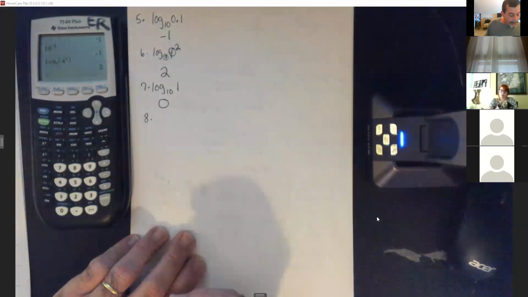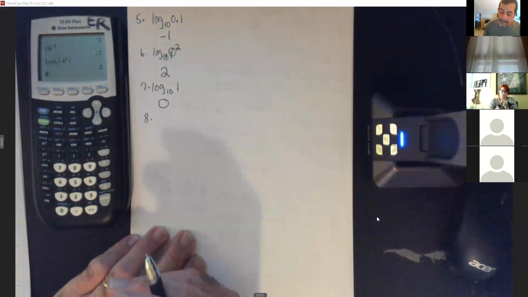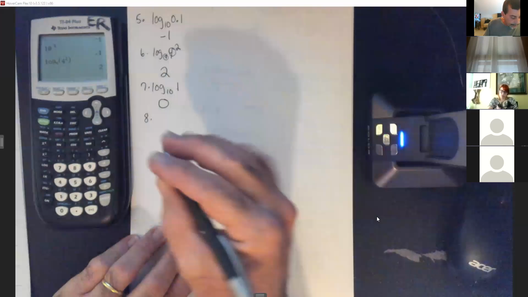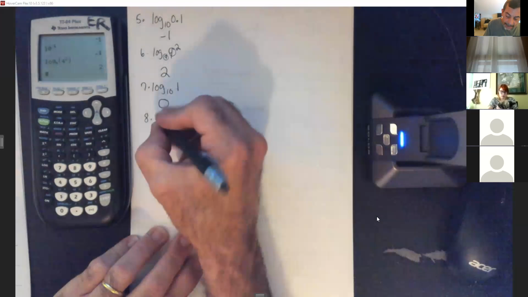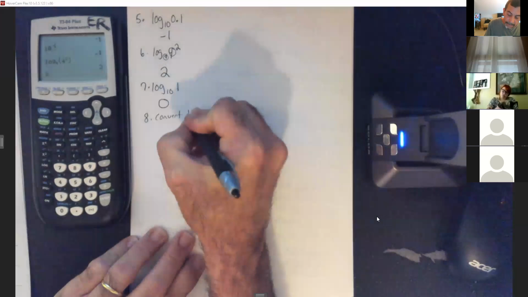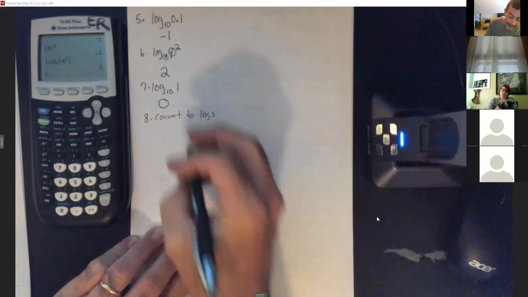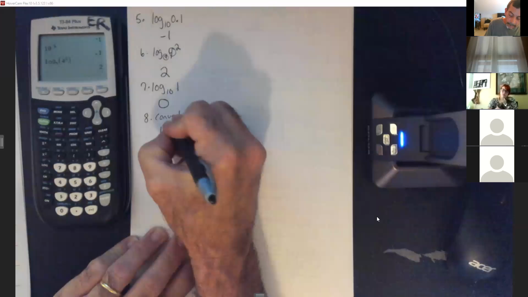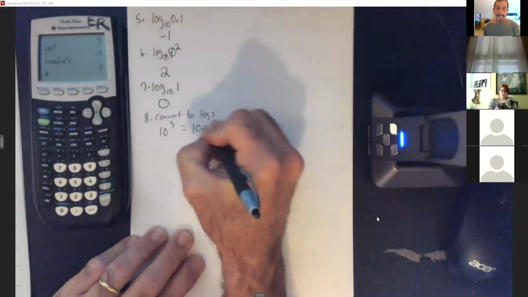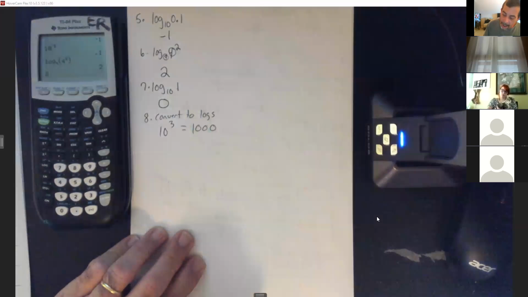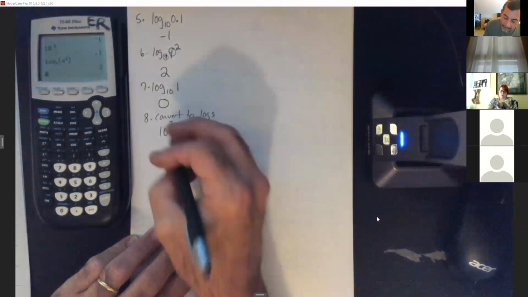All right, number 8, we're going to convert to logarithmic equations. So I'll write that, convert to logs. So I got 10 to the 3 equals 1,000. So I'm going to write it with a log. So I got my log.